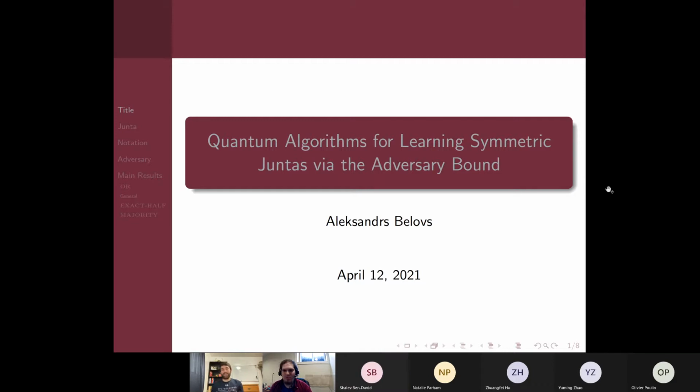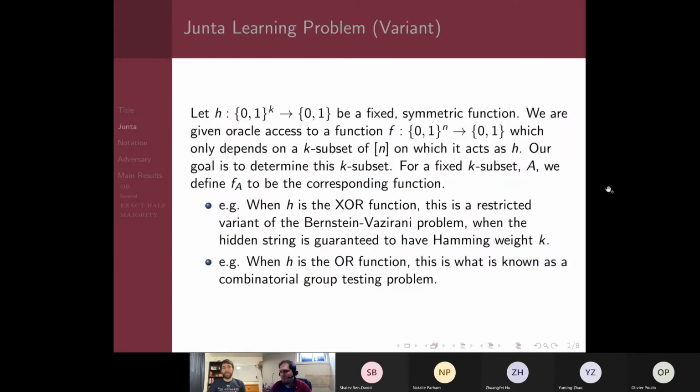But so I'm talking about this paper by Belovs on quantum algorithms for learning symmetric juntas via the adversary bound. So we'll start off with the definition that Shalev was just briefly giving. Essentially we're looking at a Boolean function h from a set of size k to 0, 1, and we guarantee that it's symmetric.